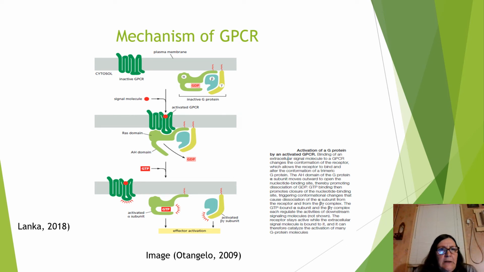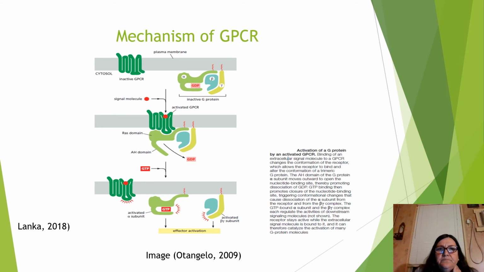Okay. So when a signal molecule, a ligand, comes in and binds to the GPCR, it activates it, and it causes a conformational change in the structure of the receptor. Here you can see that it's flat right there. When the ligand binds to it, you can see it changes shape and becomes kind of rounded on the end so that it will fit down inside this G protein.